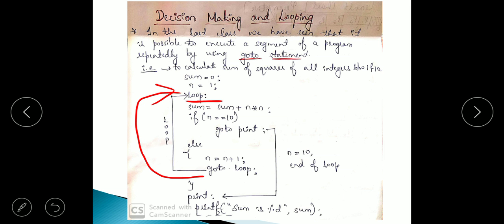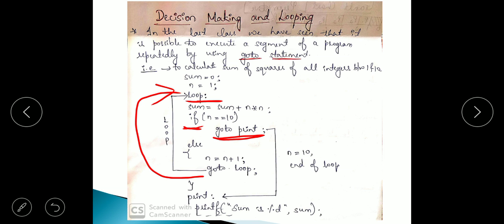Once n becomes 10, when the control comes here, it is going to check whether n equals 10. Is n equal to 10? Yes, because n has now reached 10. That's why this statement will be executed.